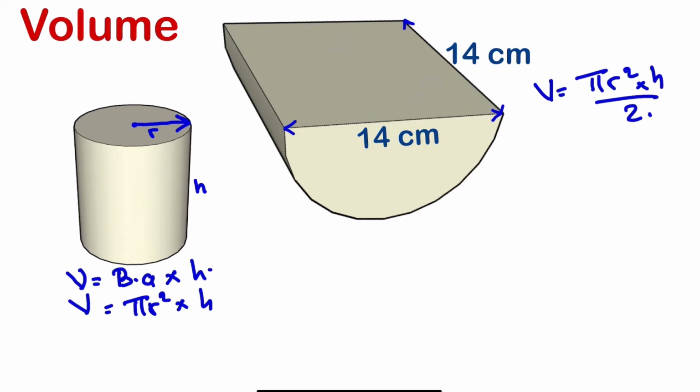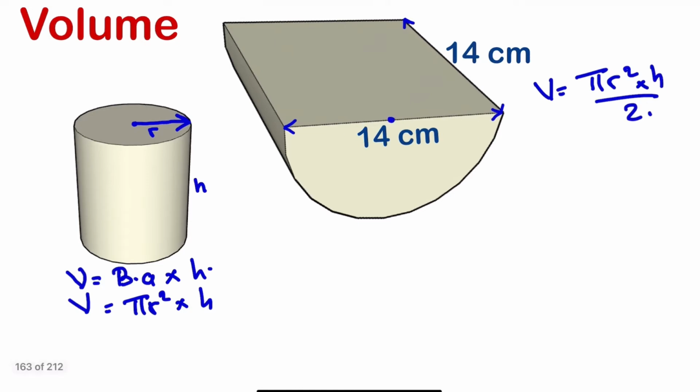So in this question, we know that the diameter is 14, so the radius is 7. So the volume will be equal to pi. For pi, we can use 22 over 7.